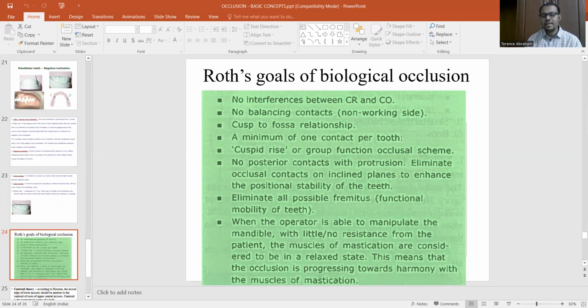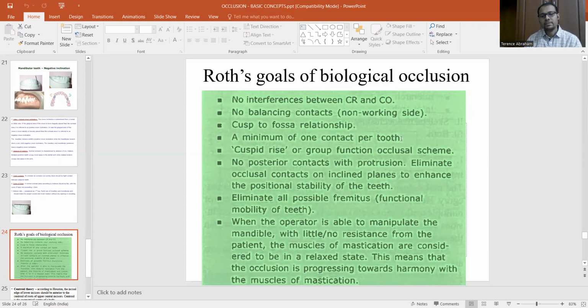For example, if during occlusion or during mastication there is any high point or interference between the upper and lower teeth, we should eliminate the interference, which can create trauma from occlusion and thereby result in mobility of the teeth.